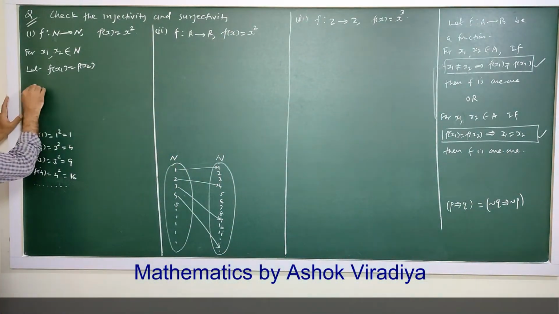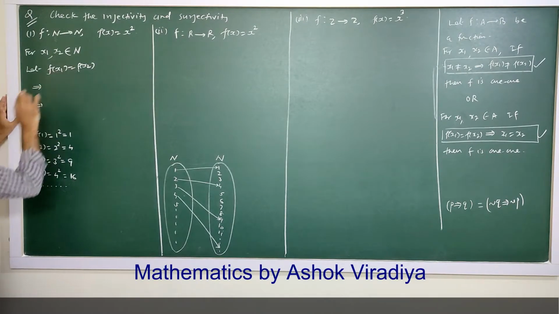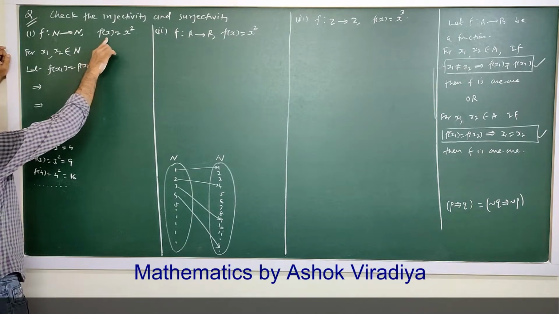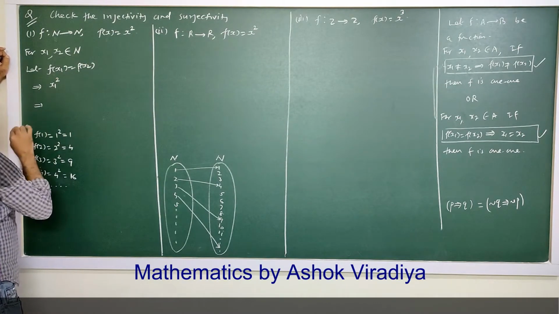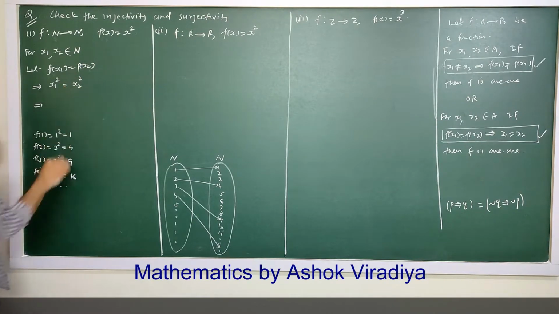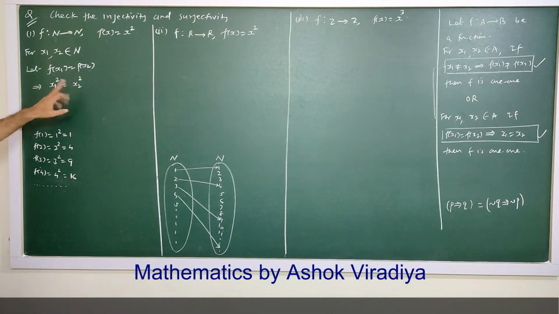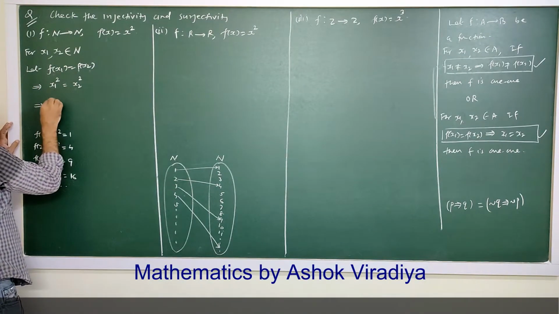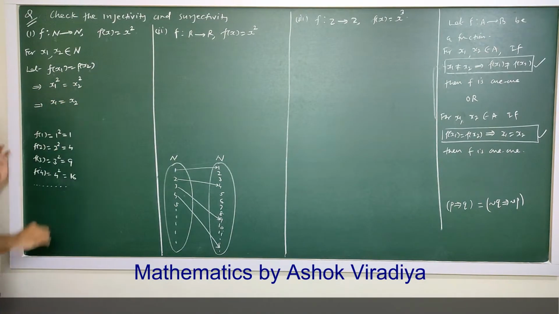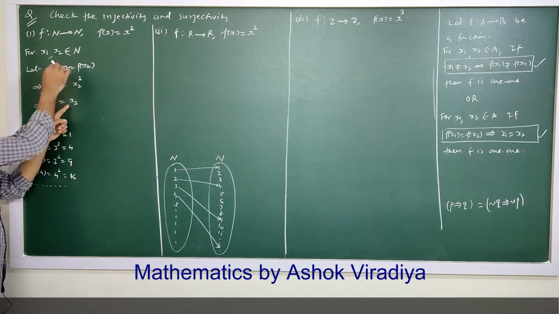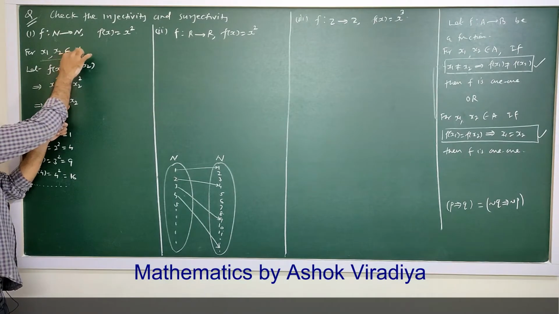Now what is f(x1)? f(x1) is x1 square. What is f of x2? f of x2 is x2 square. So x1 square equal to x2 square. But x1 and x2 are natural numbers, so this means x1 equal to x2. Here we cannot take x1 equal to plus minus x2 because both are taken from natural numbers.